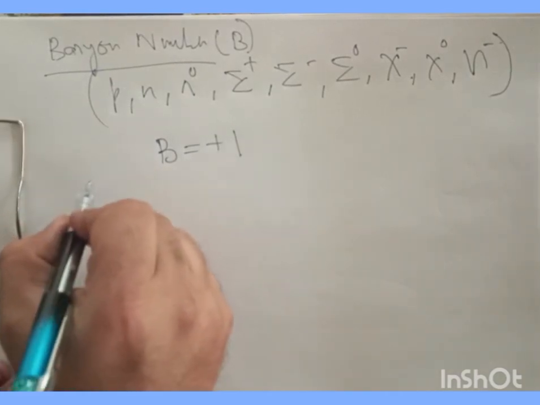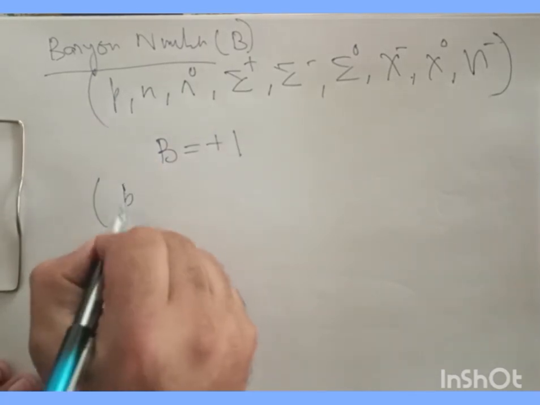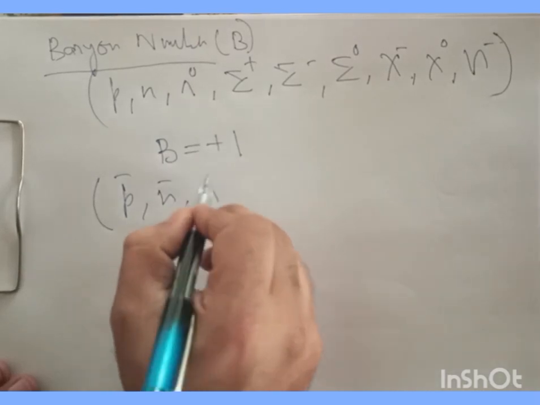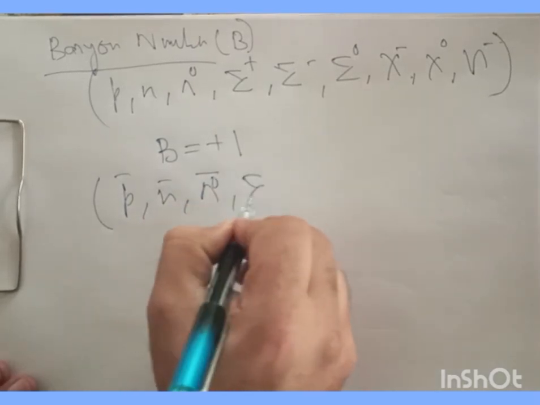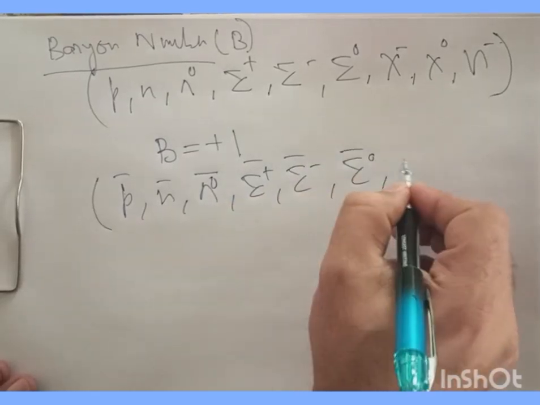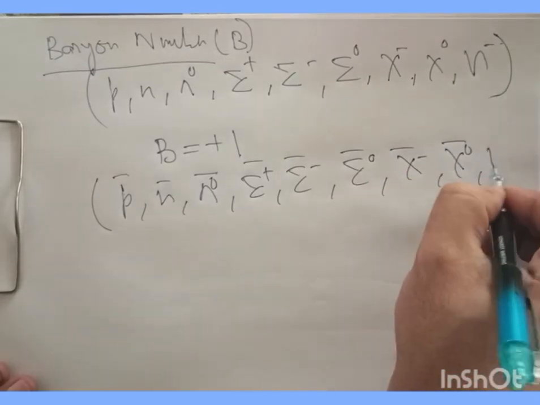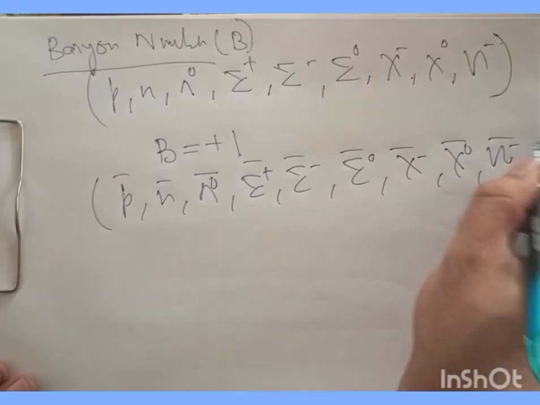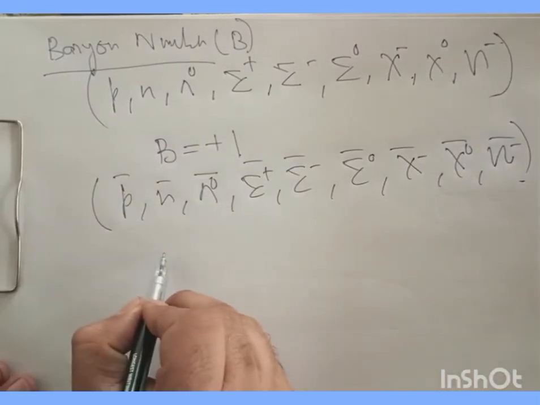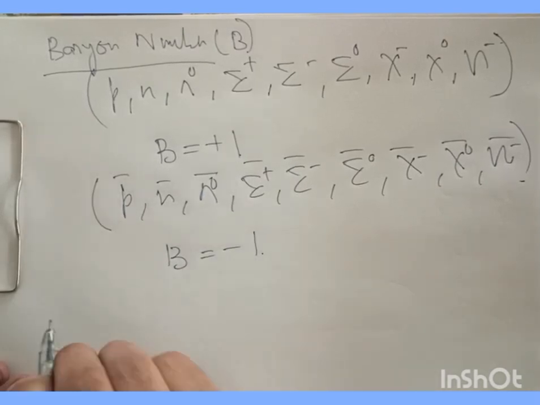And all of the antiparticles of these baryons, so P bar, N bar, lambda naught bar, sigma plus bar, sigma minus bar, sigma naught bar, chi minus bar, chi naught bar, omega minus bar, have a baryon number equal to -1.